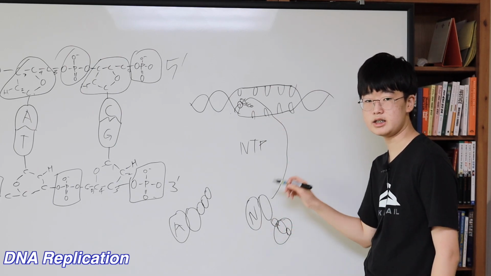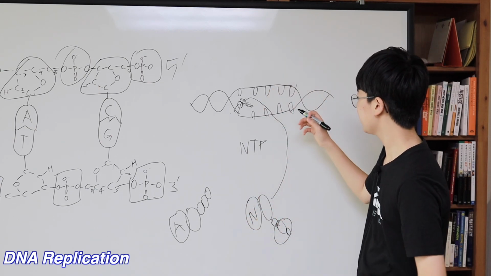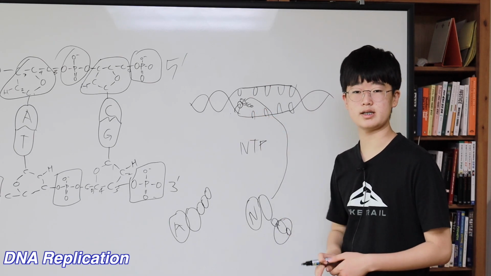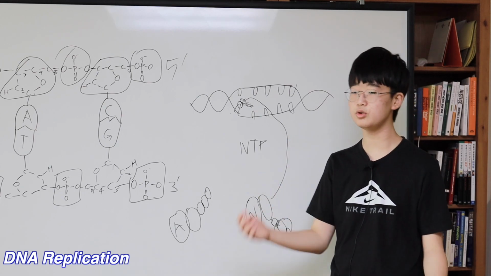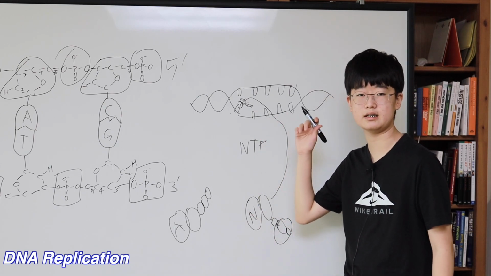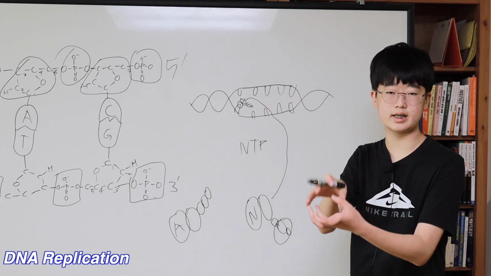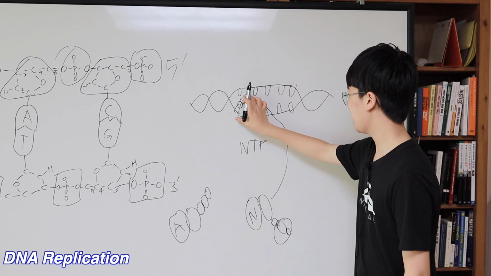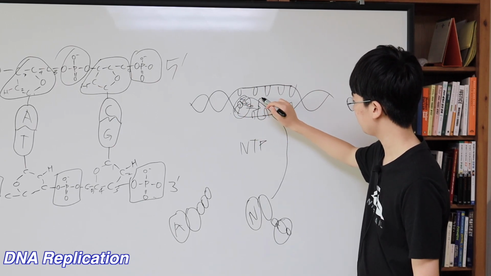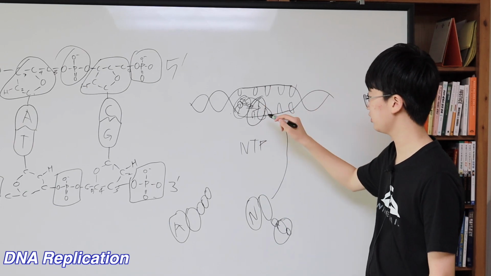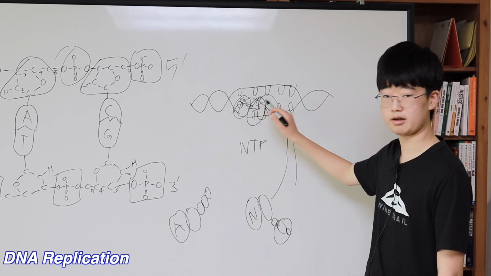These NTPs could get stuck onto the already existing nucleotides by themselves, but that would take too much time, so they need an enzyme's help. So this gives energy to the enzyme, which now goes on to the next one and puts another NTP on that one.